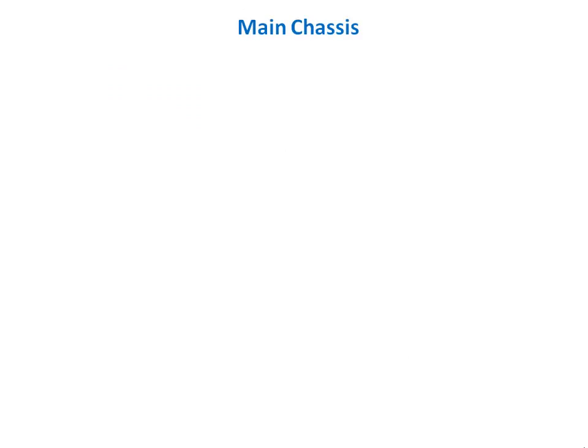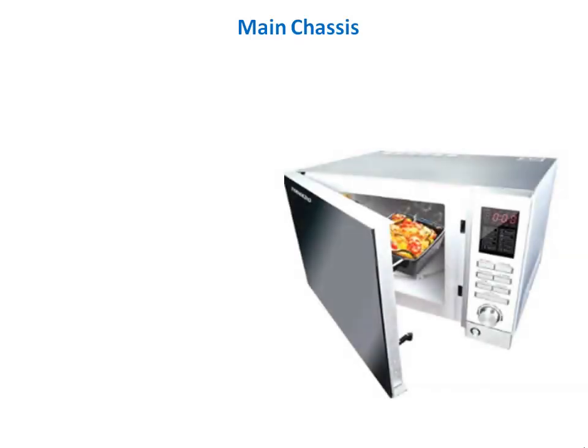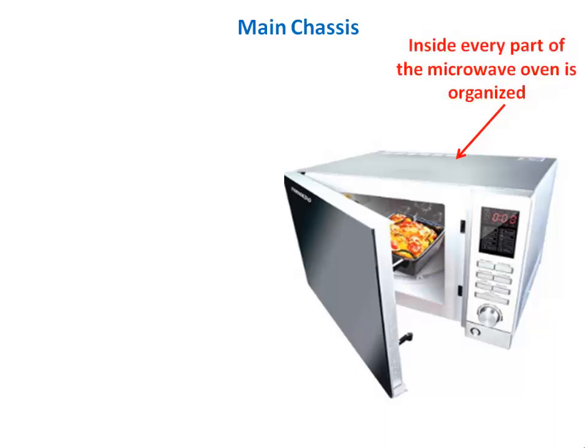The next component we have in the microwave oven is the main chassis. This is the place where every part of the microwave oven is organized.